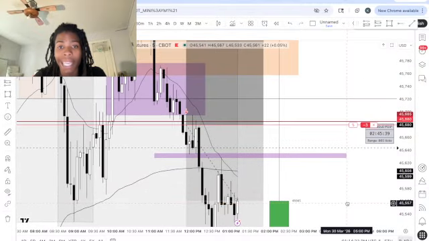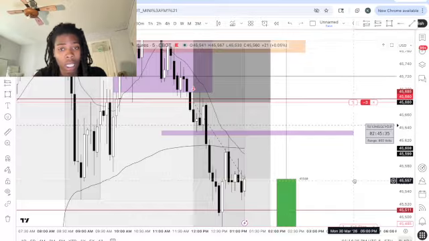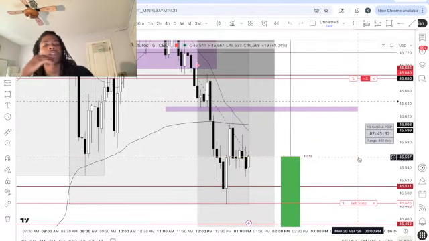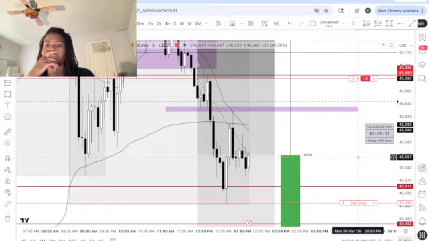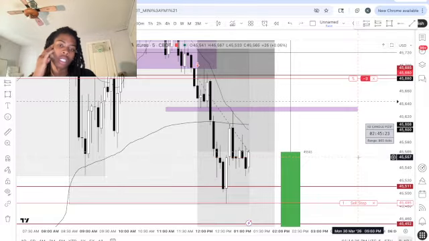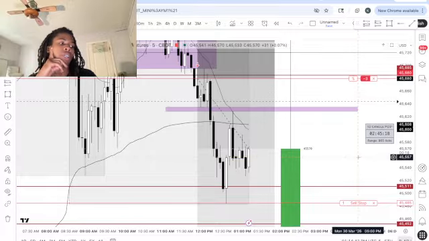I think I am going to go break even solely based off the break and retest and start of continuation off of the VWAP and the EMA.